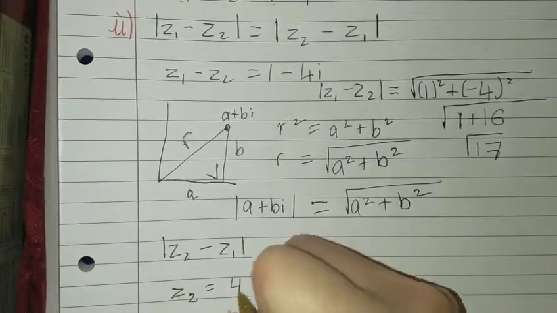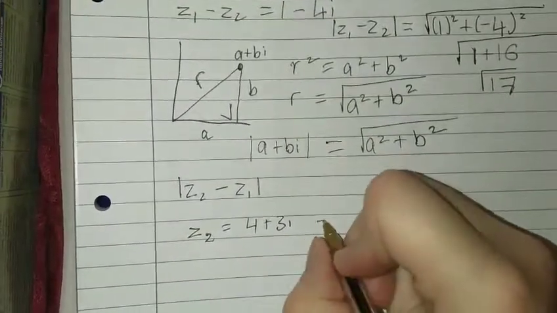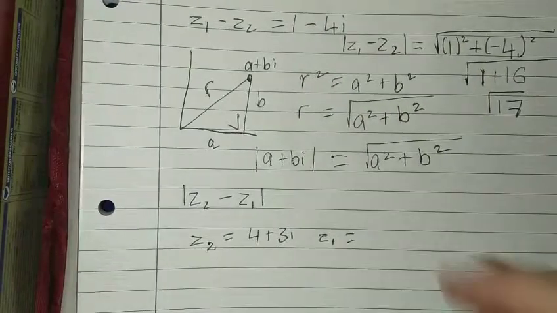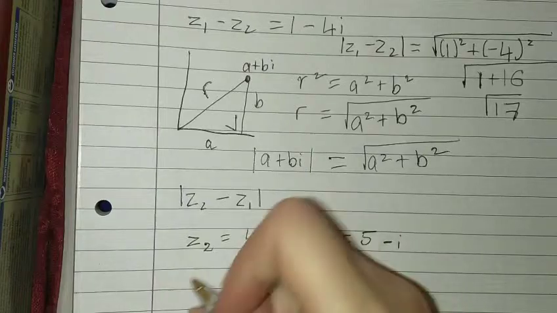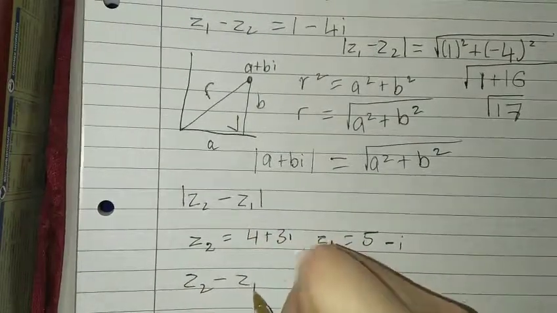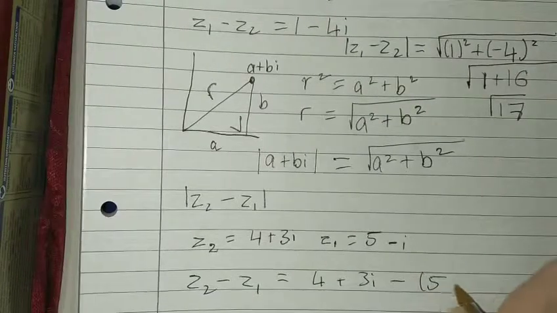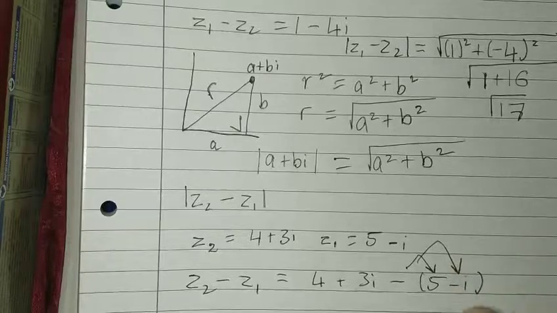So z2 is 4 plus 3i. And z1 is 5 minus i. So z2 minus z1 will be 4 plus 3i minus all of 5 minus i. So that minus will go to the 5 and it will go to the minus i.